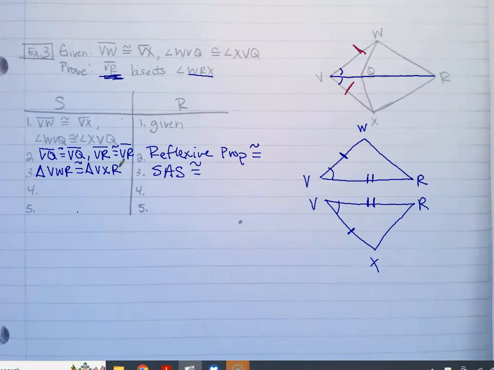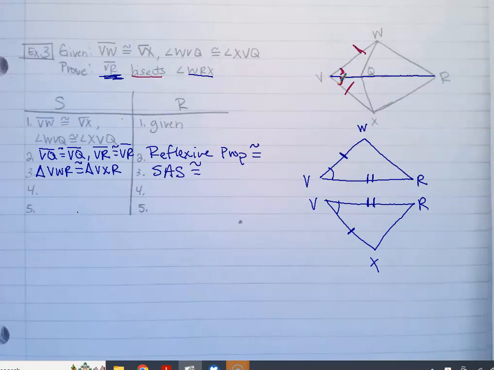It's going to be important that we have this definition of bisects. What's an angle bisector? It cuts an angle perfectly in half. Well, we've kind of already proved that it cuts this perfectly in half, right? Because they told us these were congruent.